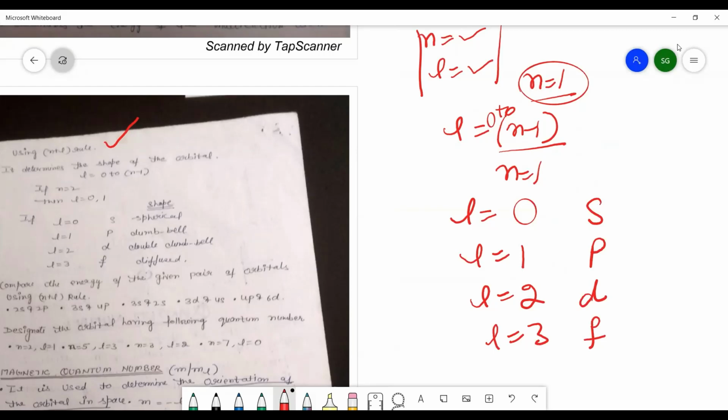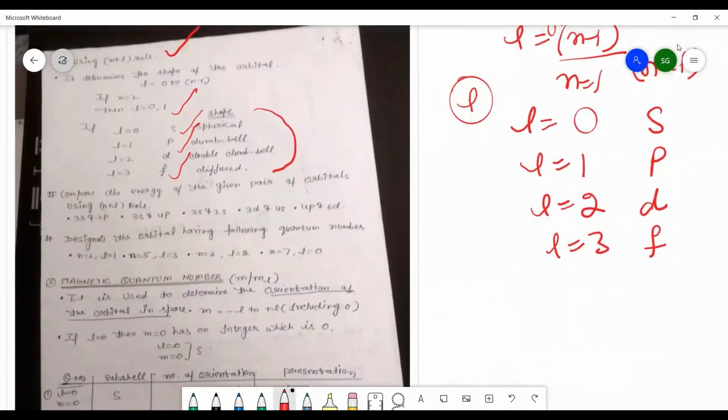So for L equal to 0, s orbital; p orbital, d orbital and f orbital, and you know the shape also. So L signifies the shape of the orbital and the energy of the multi-electron atom by knowing the n plus L rule. So you can apply these to a compound.